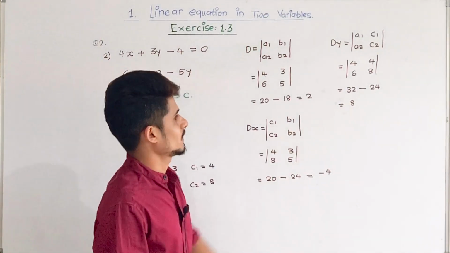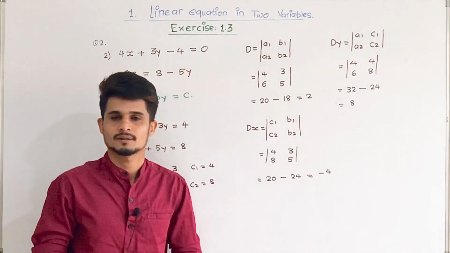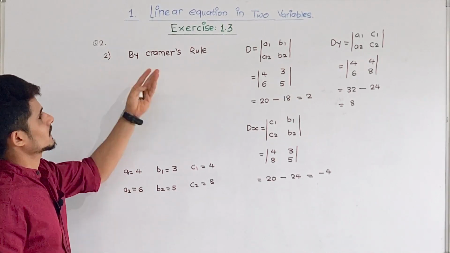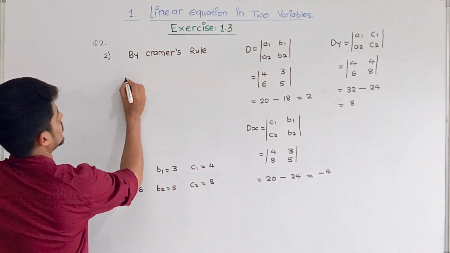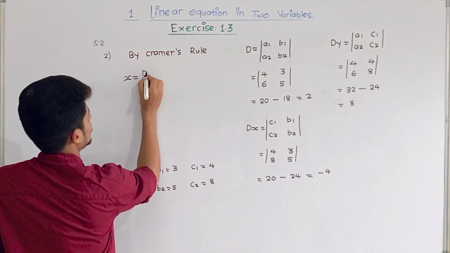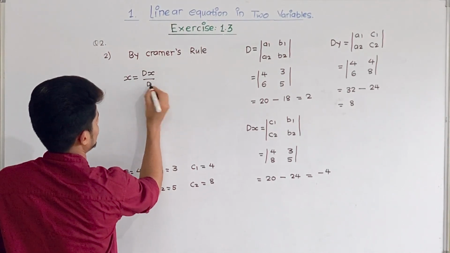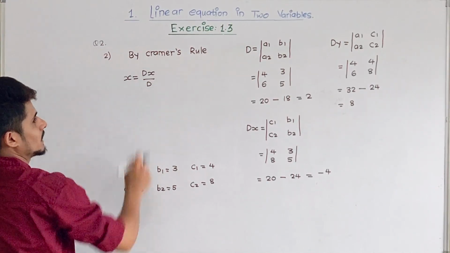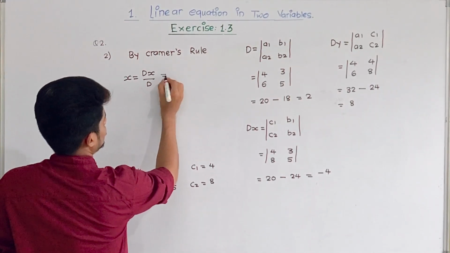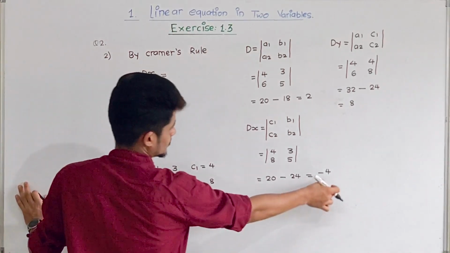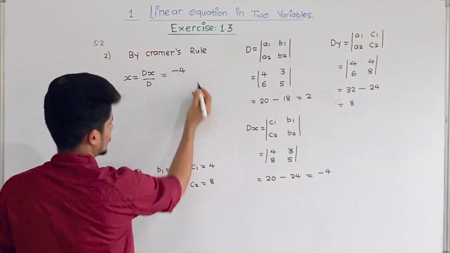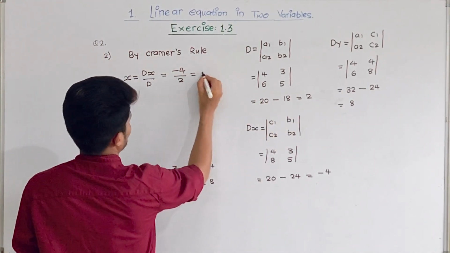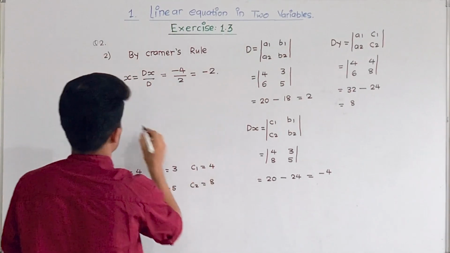Now we'll find the value of x and y by Cramer's rule. x is equal to dx by d, that is value of determinant of x upon value of determinant. Value of determinant of x is minus 4 and the value of determinant is 2. Minus 4 by 2 is minus 2.